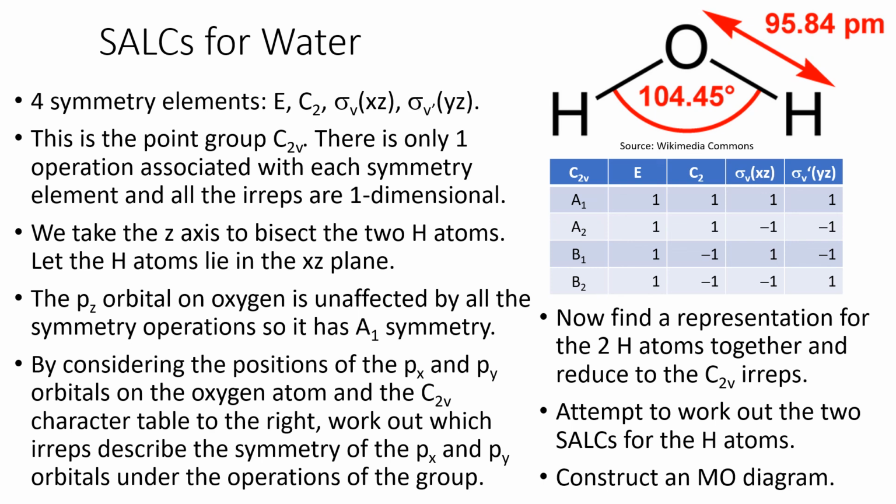Then we're going to ultimately have to work out, using our symmetry adapted linear combinations, what the combinations are for those particular H atoms that conform to the particular symmetries. And once we've worked out all those linear combinations, all the symmetries, we'll then be in a position to put together the MO diagram. So this will be an exercise I'll leave to you for next time.